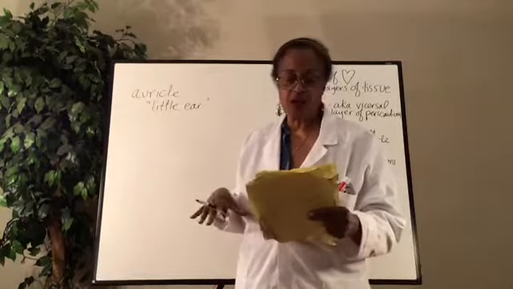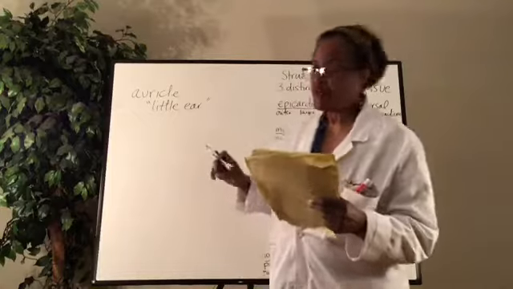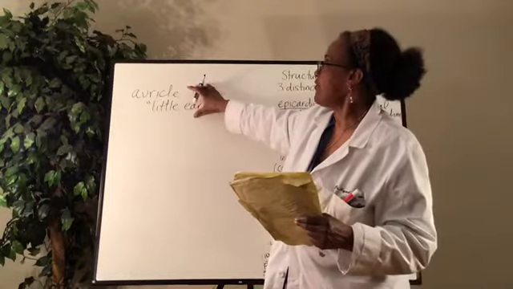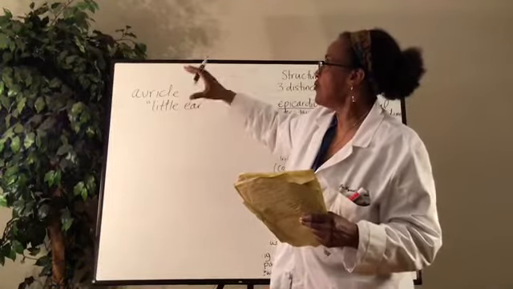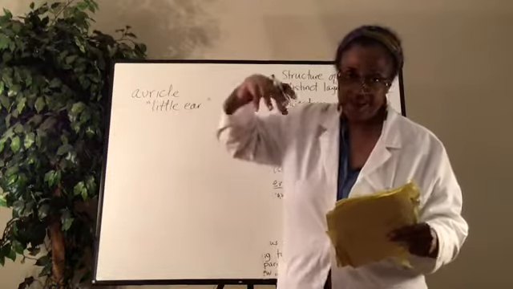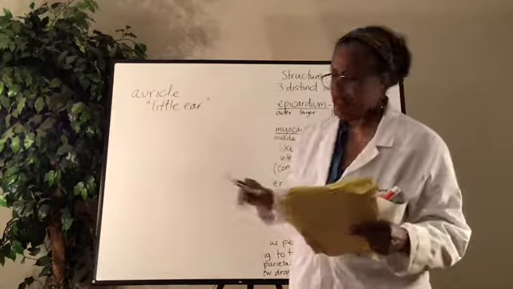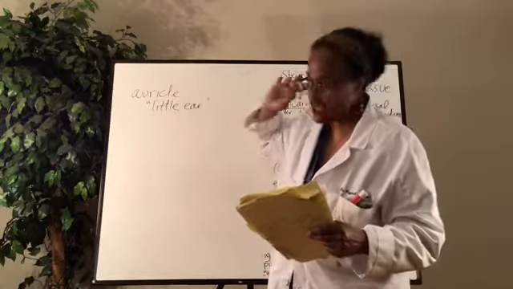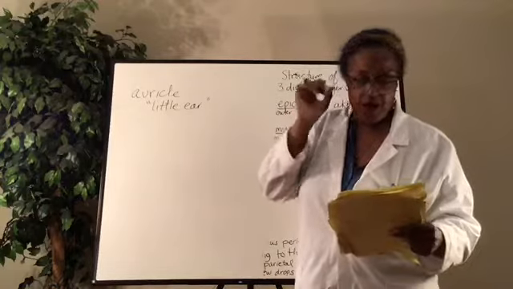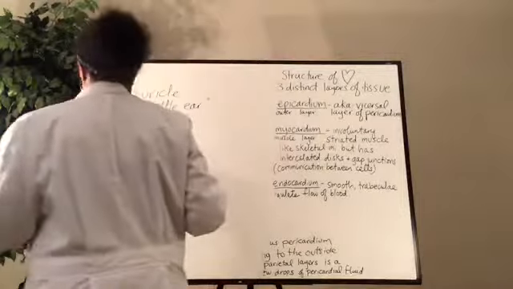And we're going to talk about that, what is an atrium and all that, in a minute. But for now, I wanted you to realize the auricle is the outside of the heart. The atrium is the chamber inside the heart, okay? This is just the little ear, and it does look like a little ear flap that protrudes from each atrium.